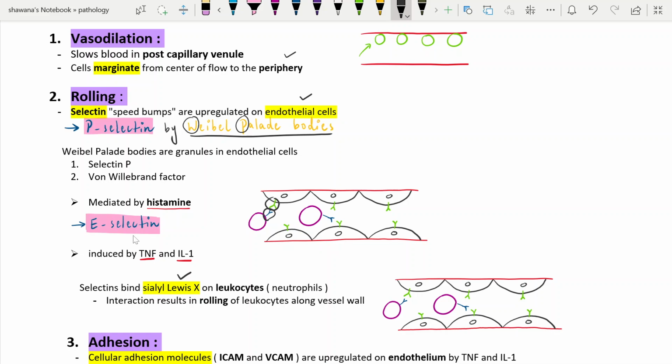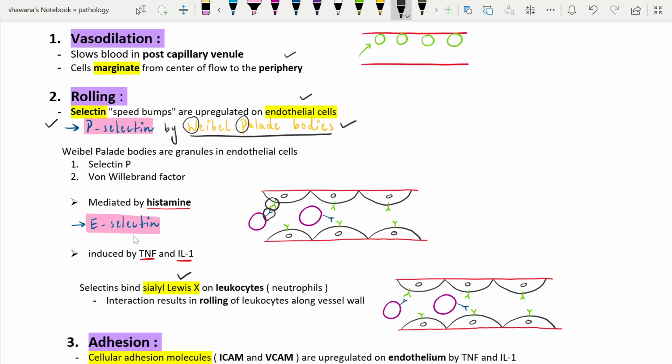P-selectin is produced by the Weibel-Palade bodies. These are some sort of granules that are present in the endothelial cells, and they secrete two substances. First, we have discussed p-selectin, and the second important substance secreted from the Weibel-Palade bodies is the von Willebrand factor, which has some role in the clotting of the blood.